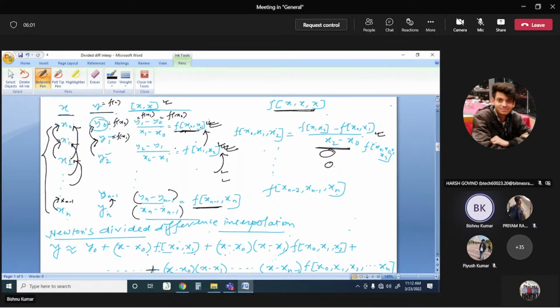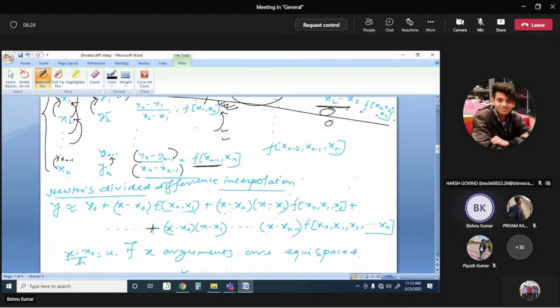After that, you have to pick up the upper diagonal elements. First value is y0, second value is this, third value is this. In that way, step by step, the upper diagonal elements will help you construct the polynomial, and that polynomial is known as Newton's divided difference interpolation polynomial.